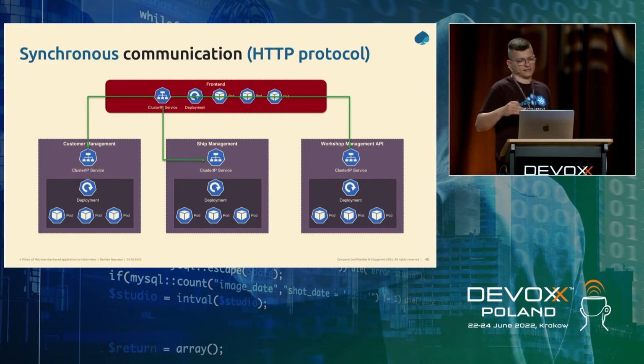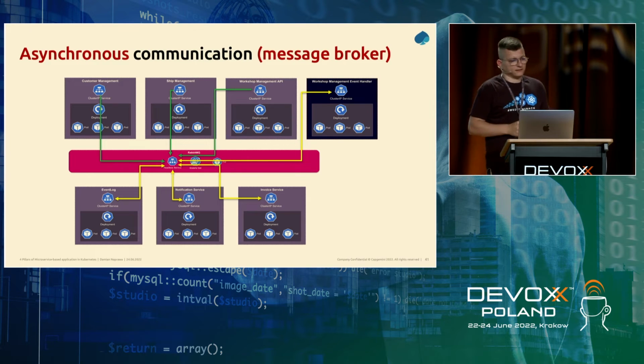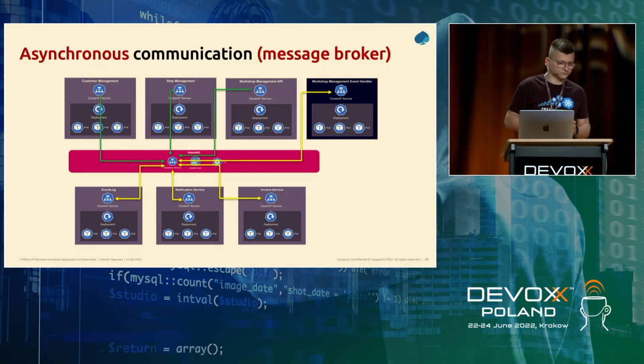Also, the flow will be going from the front end through those cluster IP services. And now time for asynchronous communication. So our three core components will be sending events to the RabbitMQ, and 4 of them will be a consumer.